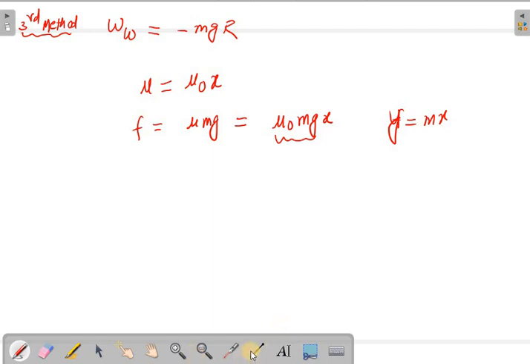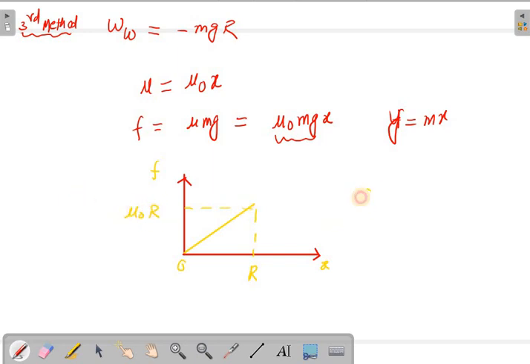Now we want to calculate the work done by this friction force. The work done by this friction force can be calculated using a graph like this. Okay, we will plot the graph of this force of friction, that is the graph like this, and when x equal to 0, force of friction becomes 0. This is basically the force of friction. This is distance x, and when x will be equal to r, force of friction becomes mu naught mg r.